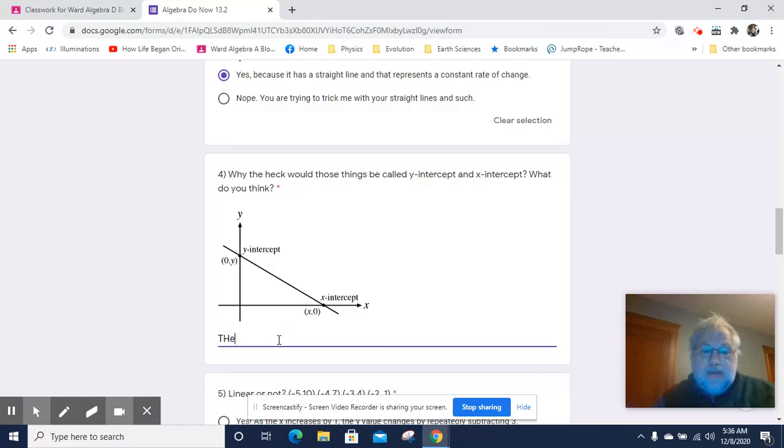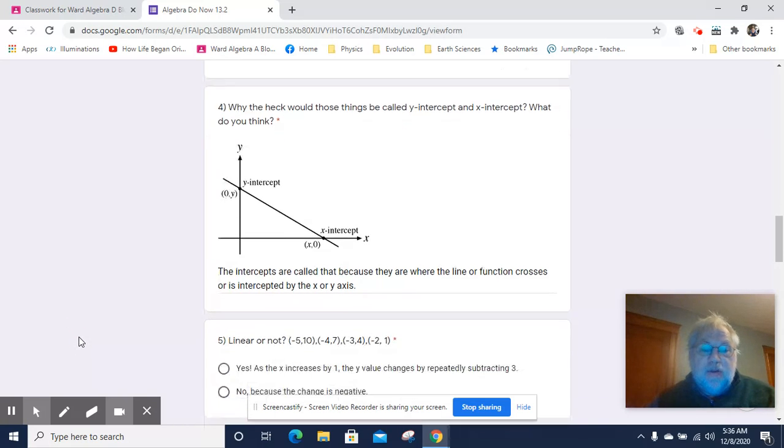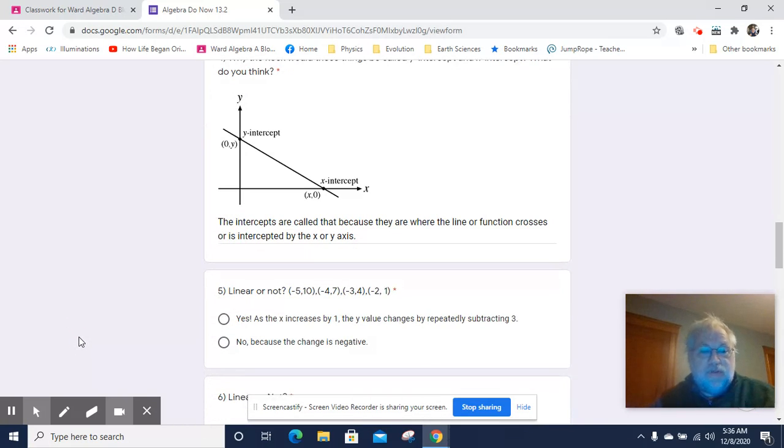So the intercepts are called that because they are where the line or function crosses or is intercepted, if you like football analogies, by the x or y axis. Okay? But that concept of 0 is really important.